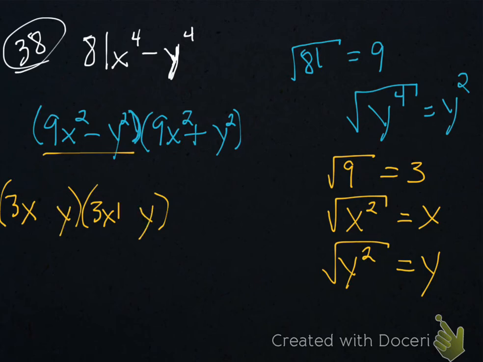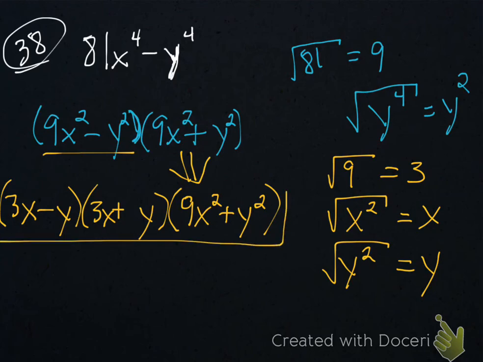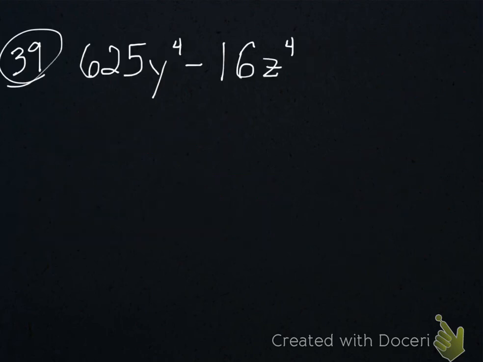Y's at the end with opposite signs. The binomial that's not factorable still drops down. It's still part of our answer. So you'd have 9x squared plus y squared. My factored form is 3x minus y, 3x plus y, 9x squared plus y squared.